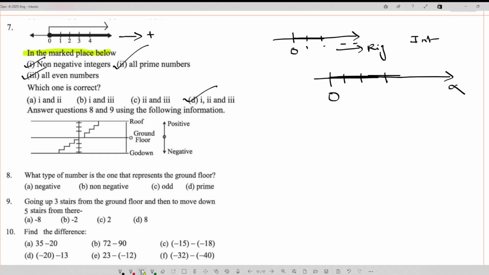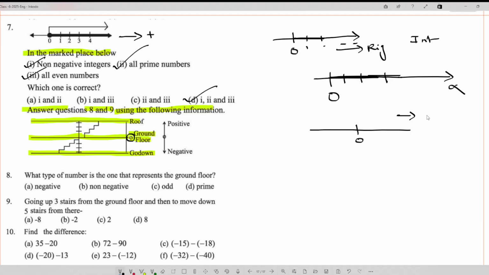Next question is very important. Look, answer questions 8 and 9 using the following information. This is a roof, and in the middle portion is the ground floor, and below the ground floor is a basement. Ground floor is 0.